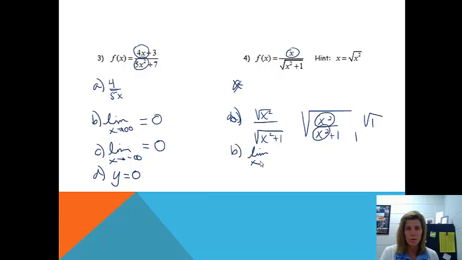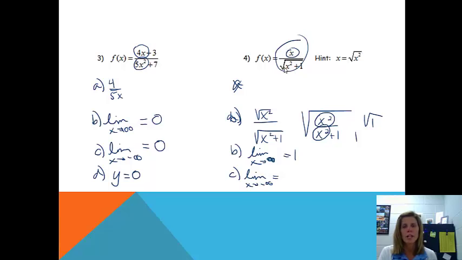Right, this is where it's going to get a little bit tricky. When I find the limit as x approaches infinity, as I am looking at 1, it's just always going to be 1. However, when I do the limit as x approaches negative infinity, because we originally started with this problem, I do need to examine that. If I put a bigger and bigger number in here, no matter what, this answer is going to be positive.